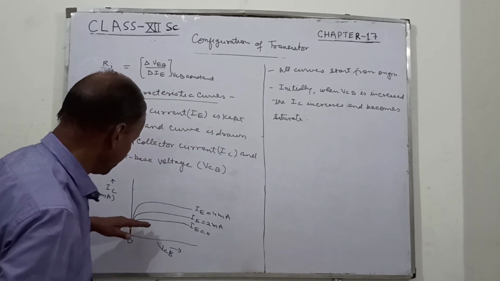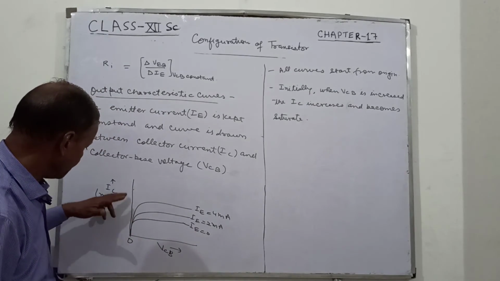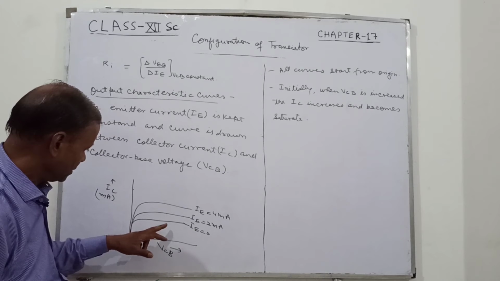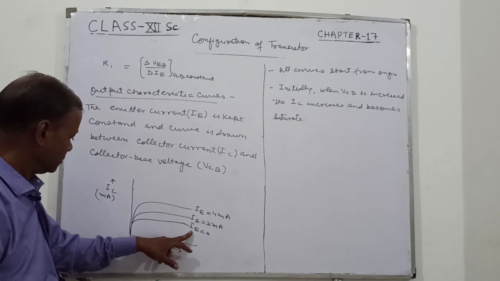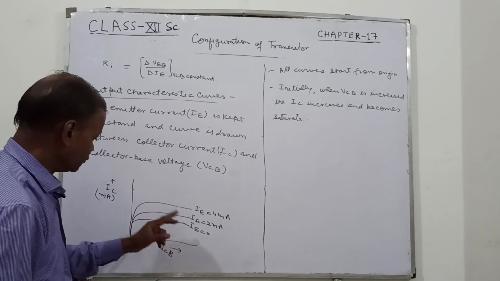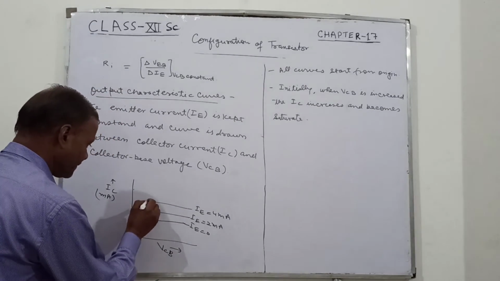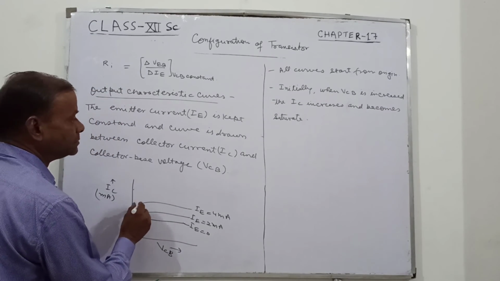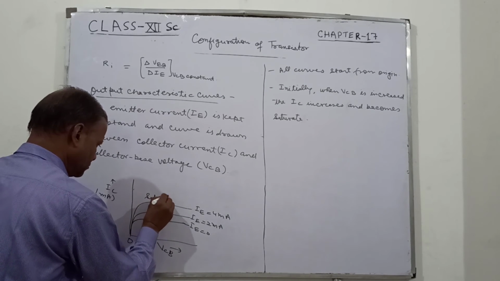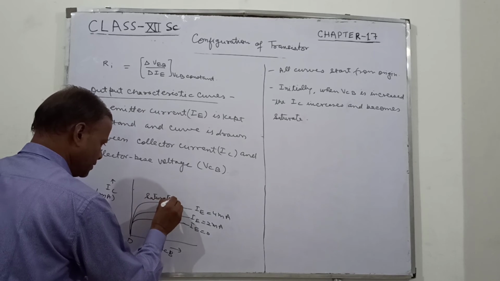You see that these curves are parallel to this, so this IC is not increasing. Initially there is an increase, and then it becomes constant. This is also constant, this is also constant. So this is a saturated current.